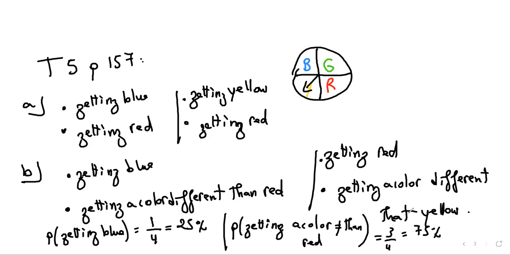You can verify that by just dividing 3 by 4, and you'll get 0.75. Multiply that by 100, and you get the percentage. It's up to you. Here in the exercise, they didn't say you need to write it as a percentage, but it's okay. I may ask you during the exam.